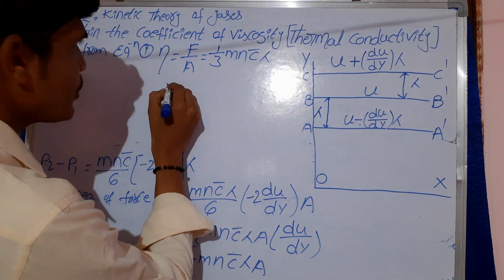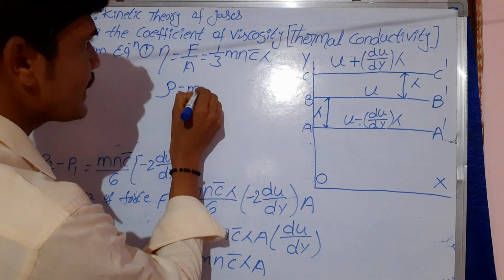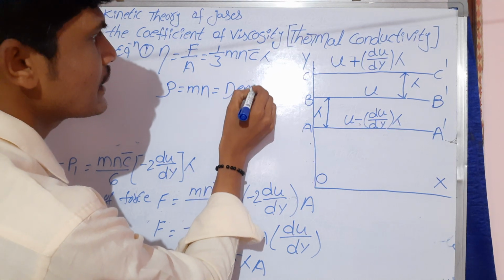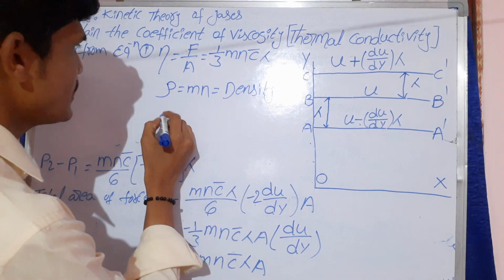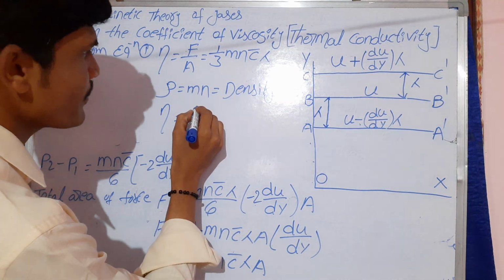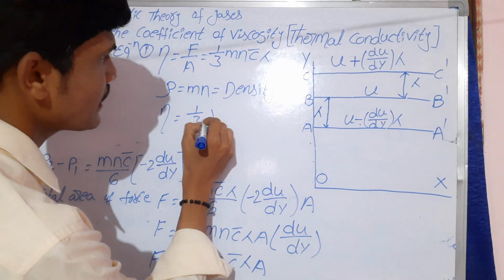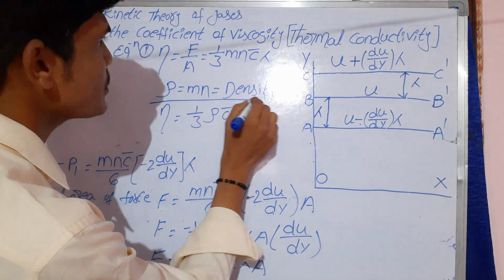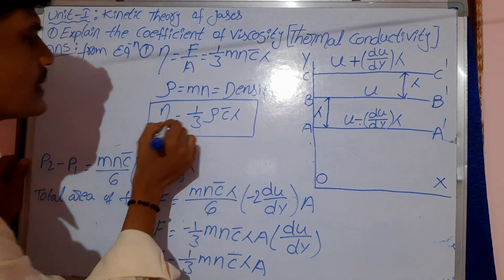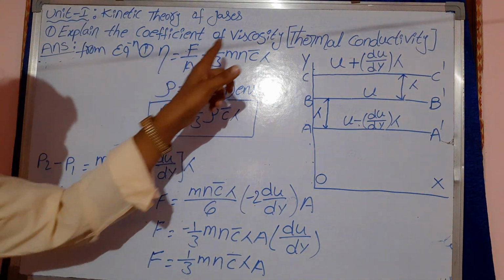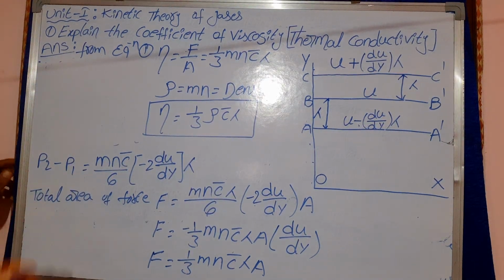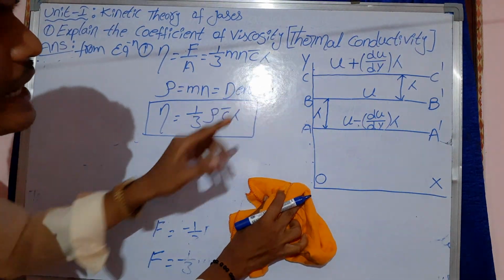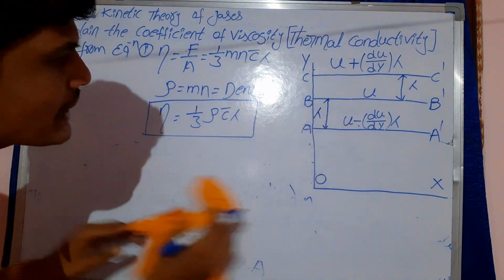So rho equals m n. This is the gas density. So eta equals 1 by 3 rho c bar lambda. This is the equation of the coefficient of viscosity. So next, lambda. What is lambda? Lambda means the distance between two layers.